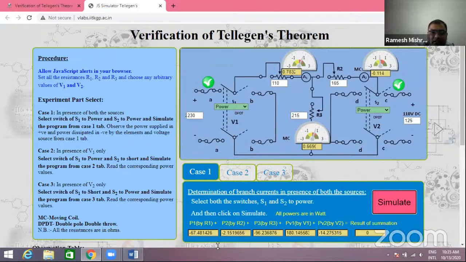The power of the first resistance is equal to minus 67.481426, and the power of the second resistance is equal to minus 2.1519656.